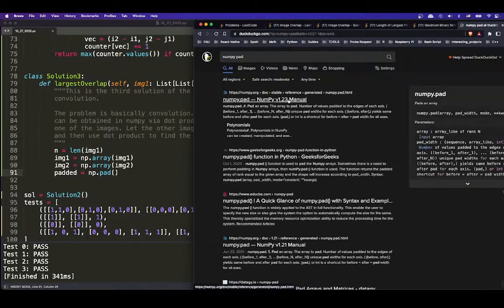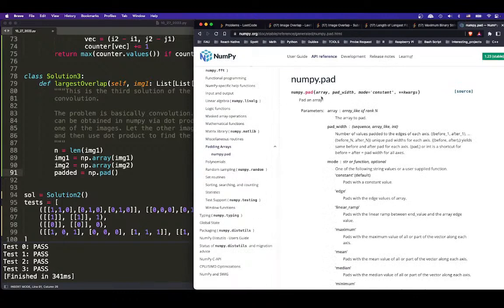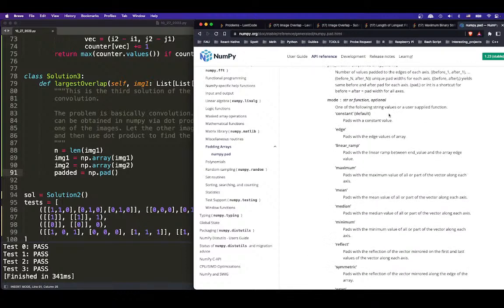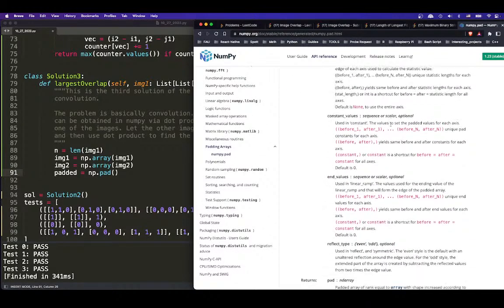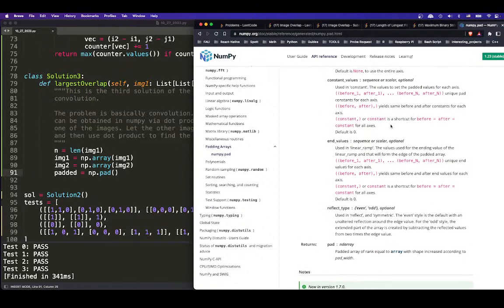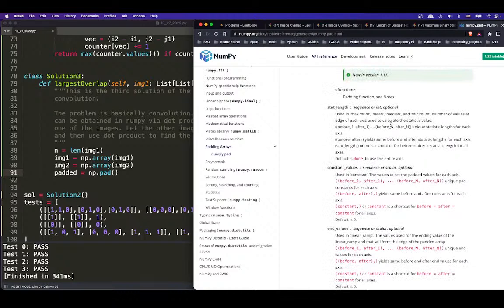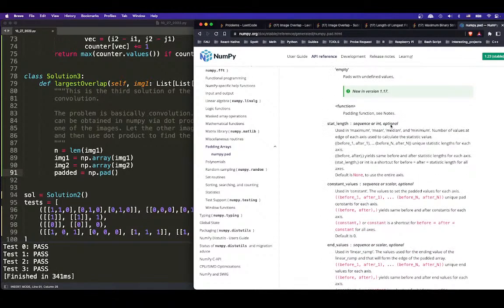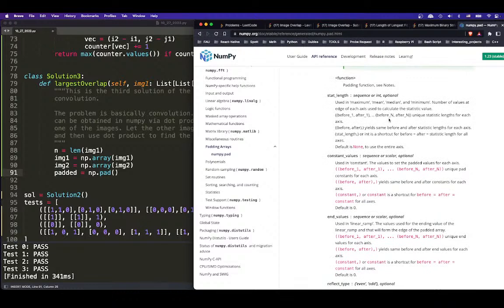The reason I don't remember this mostly, I just never write it. Pad width, mode. Pads with constant value, which is default. We need a constant values. Default is 0.